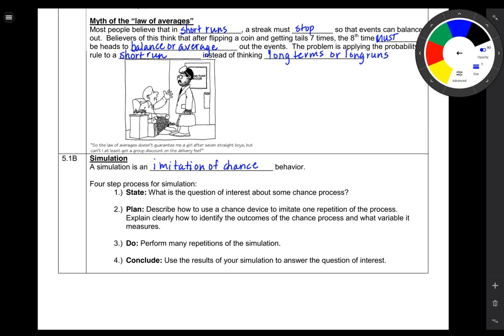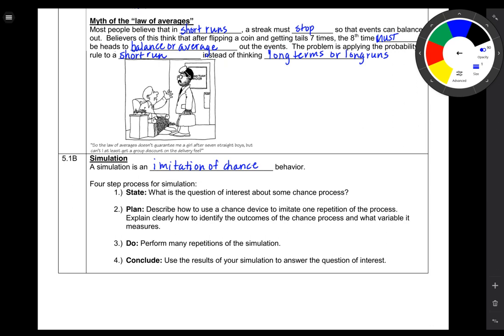So, for instance, if you're looking at gender, like male or female babies, you can use a coin toss, with heads to represent males and tails to represent females. And then you go about explaining what you're going to do in that particular plan section.